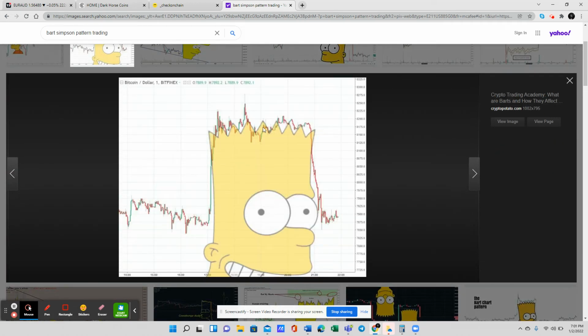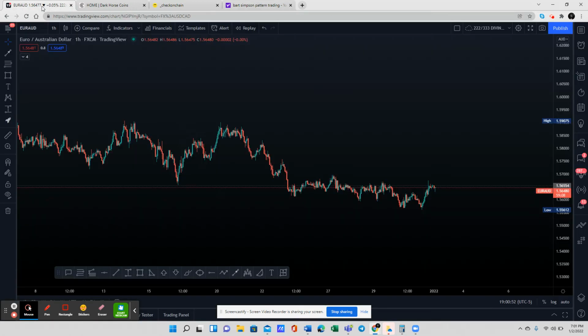This is what the Bart Simpson pattern looks like. This is the iconic hairline and whatnot. It's funny, it's not really truly a pattern, they call it in trading, it's an inside joke of a pattern, but it is legit. You see the iconic hairline right here, and then you see the breakdown.